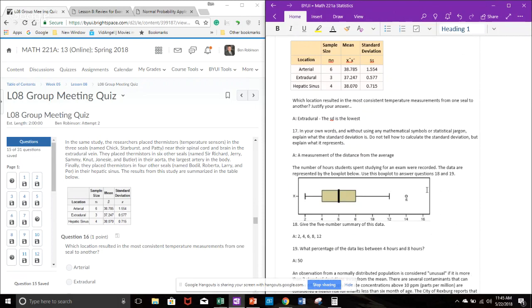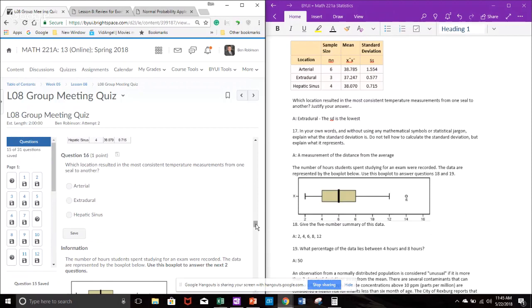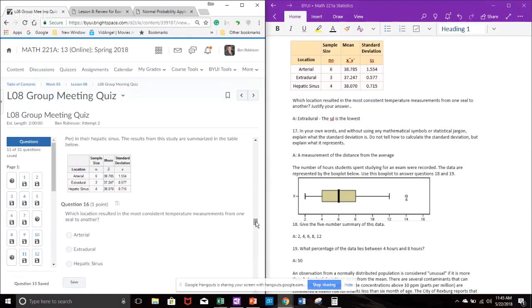They placed thermistors in six other seals, named Sir Richard, Jerry, Sammy, Johnny, and Butler, in their aorta, the largest artery in the body. Finally, they placed thermistors in four other seals named Bodil, Roberta, Larry, and Per in their hepatic sinus. The results from this study are summarized in the table below. Then it says, which location resulted in the most consistent temperature measured from one seal to another.